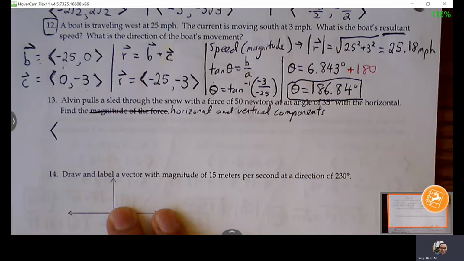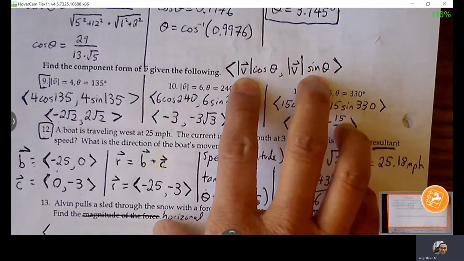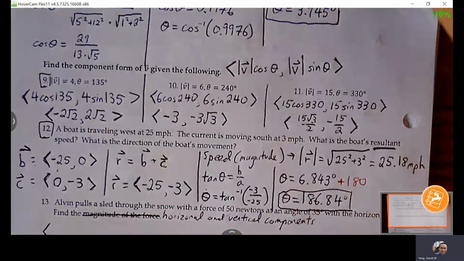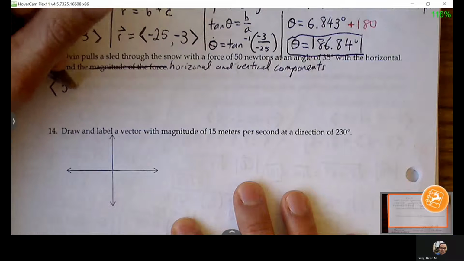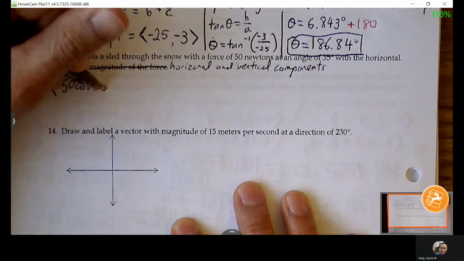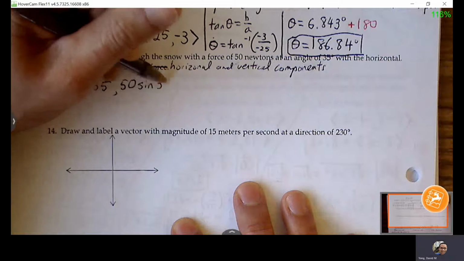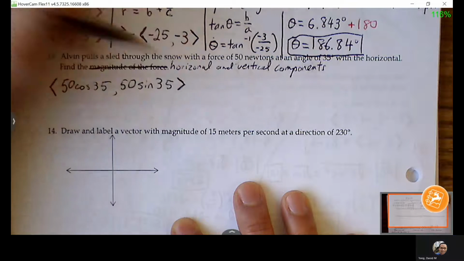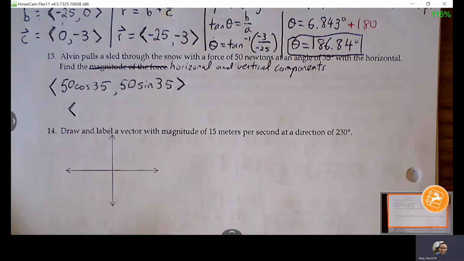So very similar to number 9 through 11, where we're just dumping into this formula here: hypotenuse times cosine theta, and hypotenuse times sine theta. Okay, let's get to decimal values. These are not going to be nice unit circle values here.